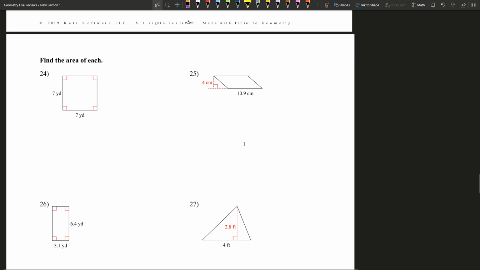All right, and everything on this page is just, do you know formulas of area? So I'm just going to write this on the side real quick. Areas of quadrilaterals. It's just base times height.